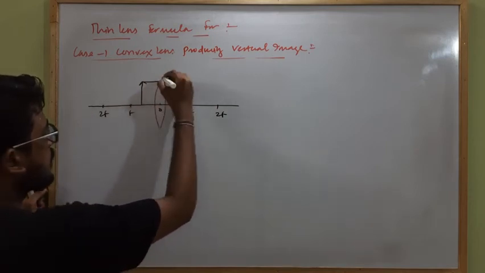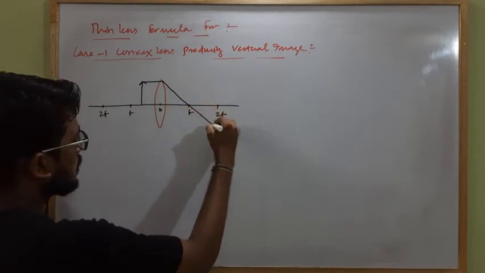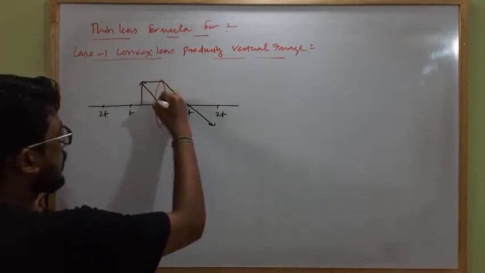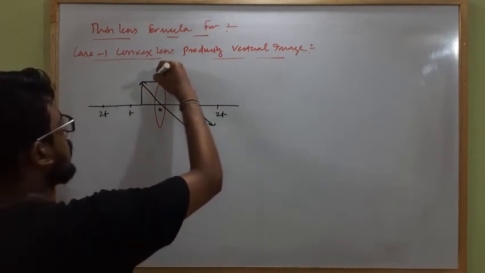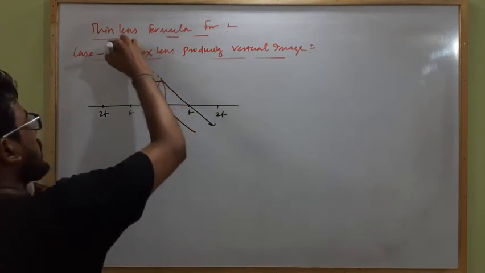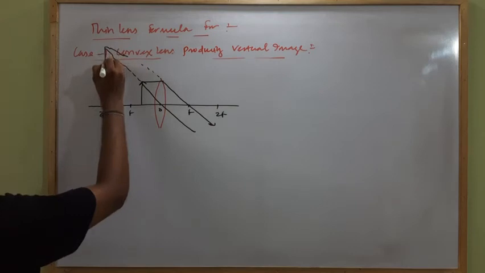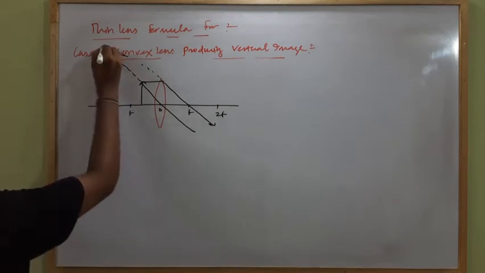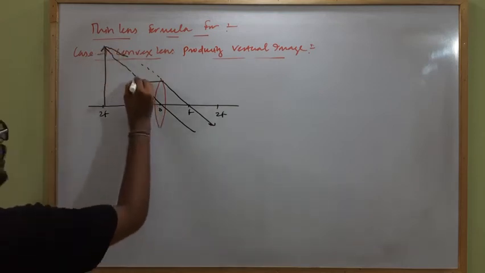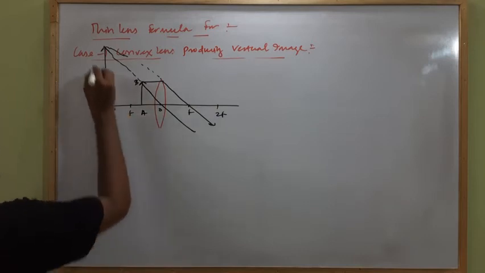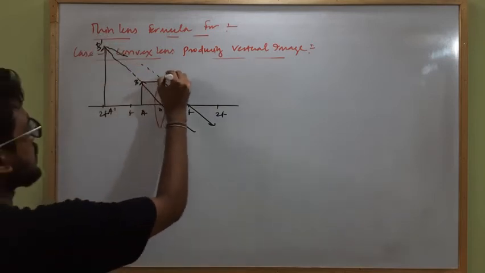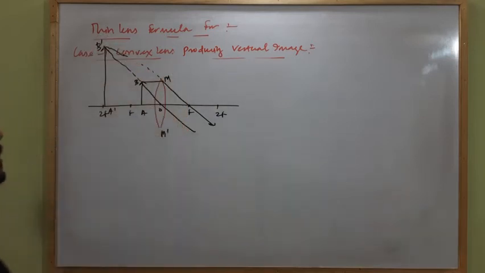So the incident ray will travel along this direction, the refracted ray will pass along this direction, so they will meet somewhere here. So this will be the image. If this is AB, this will be A'B'. This is M, O, M'.